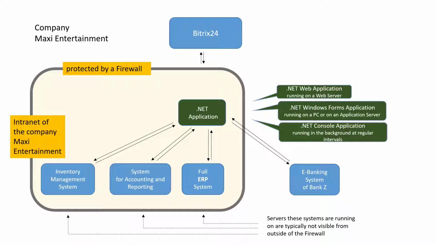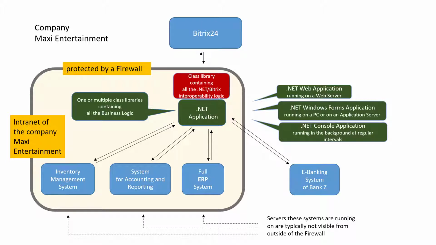And since there is quite a variety of possible application types that can be used in this context, it makes sense to have the common code in class libraries that can be used in conjunction with any of these application types. One or multiple class libraries containing all the business logic or the logic to communicate with external systems, and one class library containing all the .NET Bitrix24 interoperability logic.